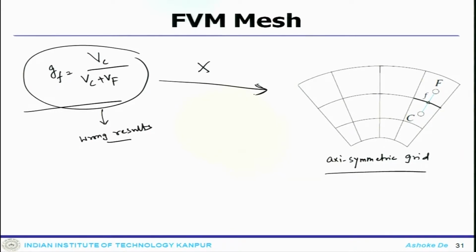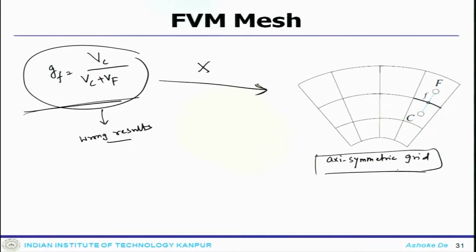Configuration to configuration it may change, and this calculation needs to be handled accordingly. If you have a generic expression for that, then there is a problem. For certain cases it would work, for certain cases, as I have shown, it may fail.